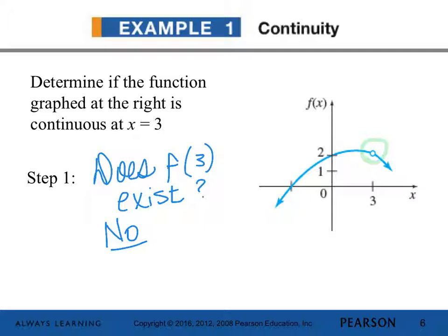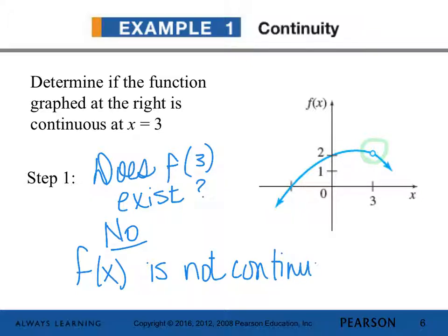We can't check off even step 1, so we go ahead and go to the conclusion that f of x is not continuous. But we have to be specific. It is not continuous at x equals 3.